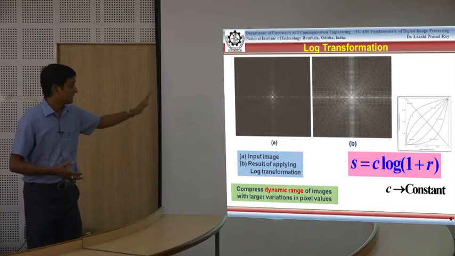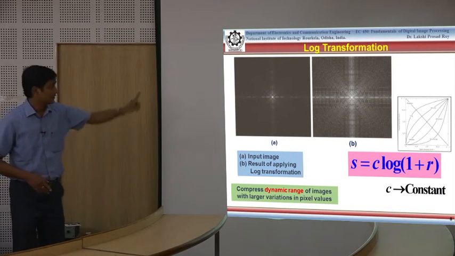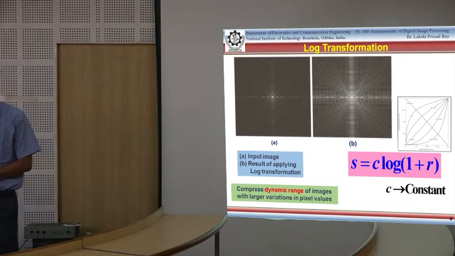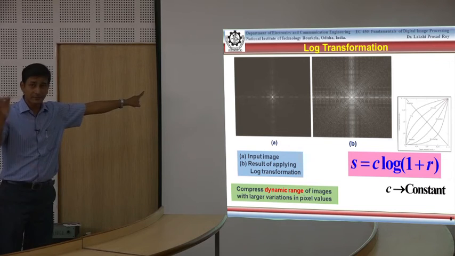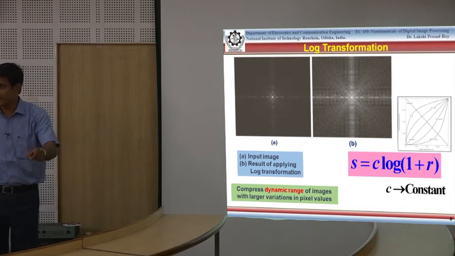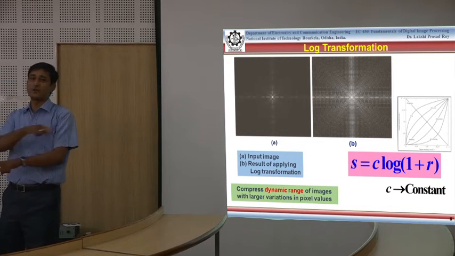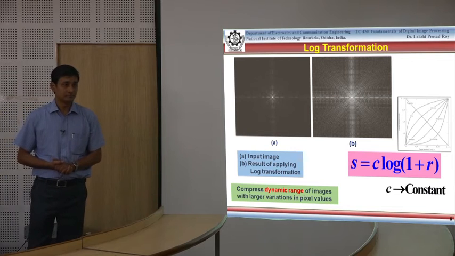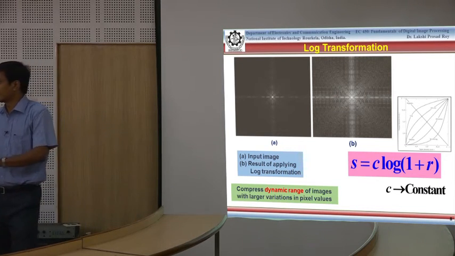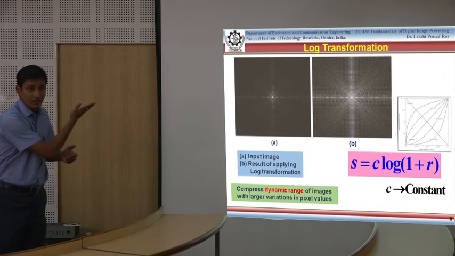So, for that they have done this kind of operation where they have directly taken the intensity values for each and every coordinate x y of this actual image. They have taken the x y coordinate of a specific value, taken the r there, added 1 to it, taken a logarithmic function of it, multiplied with c, and presented those in the second image, nothing else in between, because only r is involved in the logarithmic function.